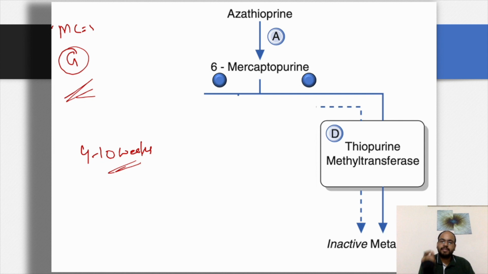Azathioprine gets converted to 6-mercaptopurine, gets converted into 6-thioguanine, which gets accumulated in cells, leading to toxicity. This takes some amount of time. The onset of action is roughly about 4 to 6 weeks. Books mention 8 to 12 weeks. That means it takes some amount of time for 6-thioguanine to accumulate. If TPMT is not working, the accumulation is increased. So instead of 8 to 12 weeks, it is now happening in 4 to 10 weeks. So it's a bit delayed.